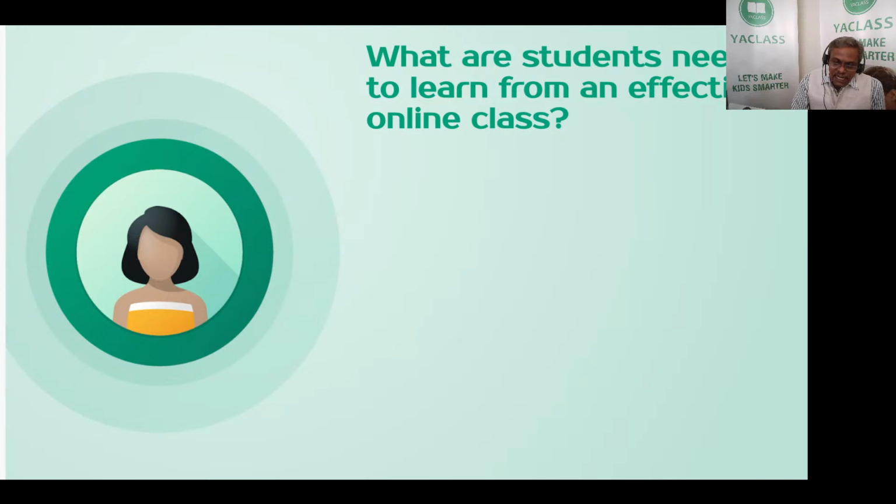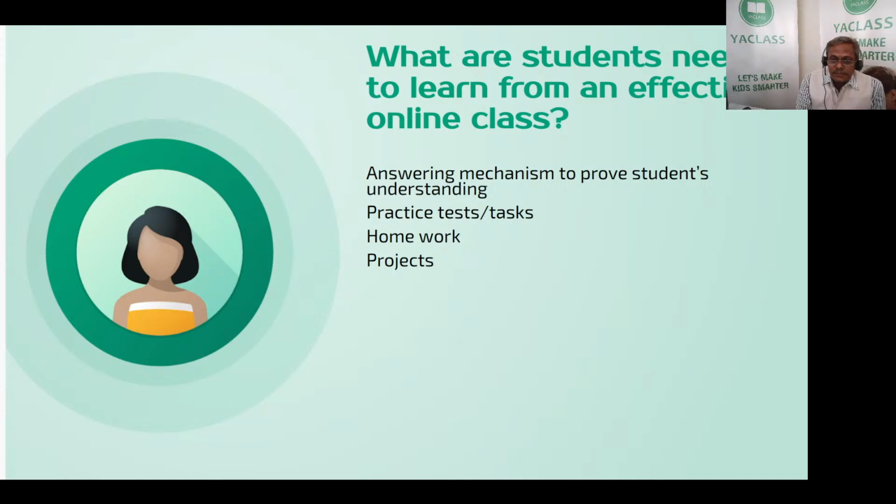From the student side, to make an online classroom more effective, what is required? Answering mechanism. They need an answering mechanism to prove, okay, you taught well. The teacher knows that the teacher has completed the classroom well, taught well, great, the teacher did the job well, fine.